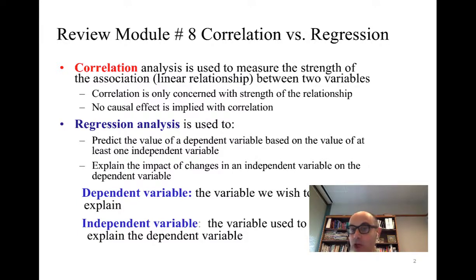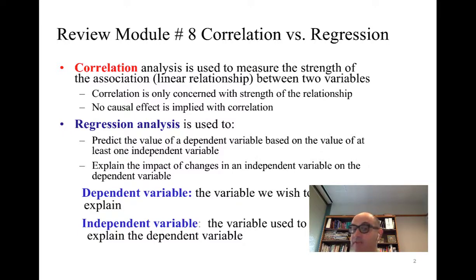So correlation is a measurement of the strength of the association between two variables. But there is no causal effect that can be implied within correlation. In comparison, regression analysis is the use of two variables, the dependent variable versus the independent variable.